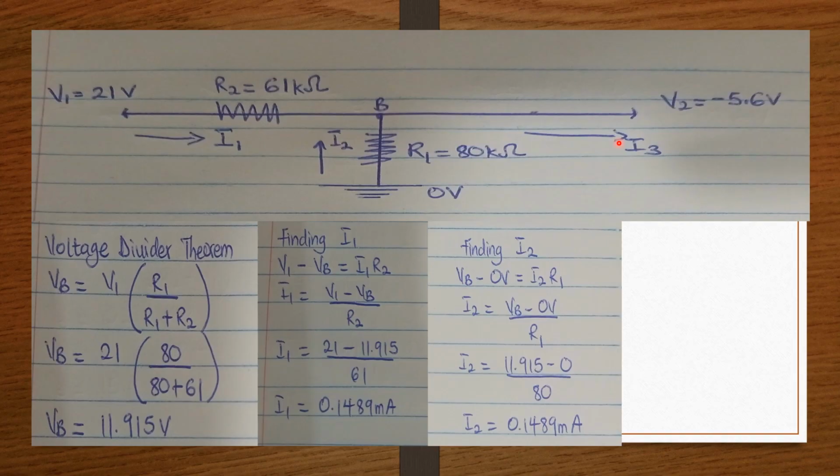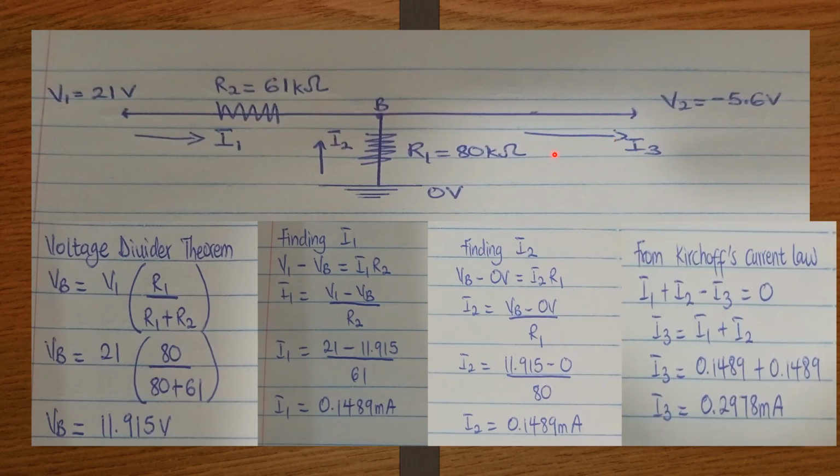So I1 plus I2 minus I3 equals 0. When we make I3 the subject, we get I1 plus I2. Since we know I1 and I2, we can input the values and find I3, which is 0.2978 milliamperes.